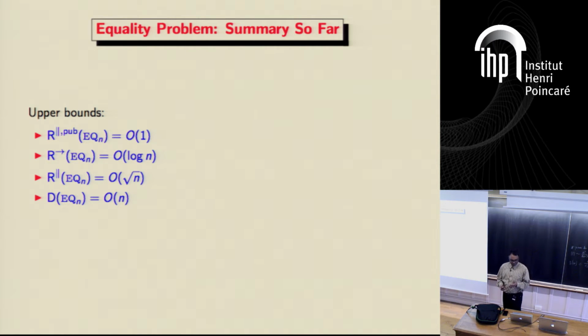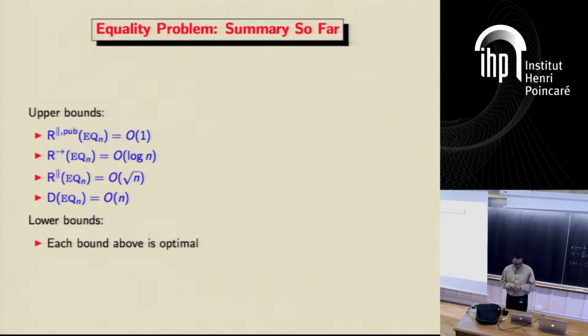And finally, the deterministic complexity: we haven't given a deterministic protocol, but we have the trivial one where Alice just sends her input to Bob, and that's complexity n. Now, it turns out that none of these can be improved. Each of these bounds is optimal, and we're going to prove it. In proving this, I hope to illustrate this principle of proving lower bounds by using upper bounds.